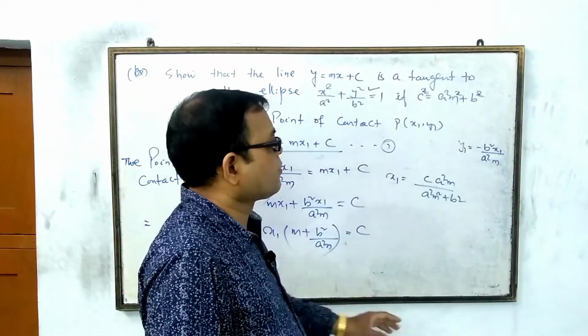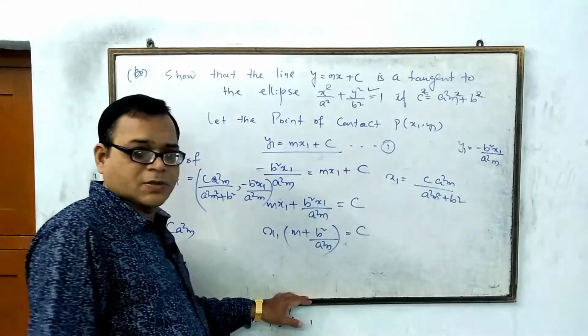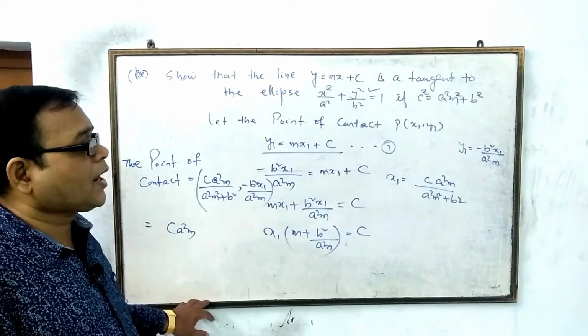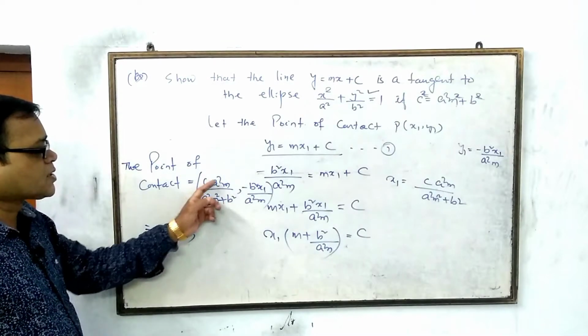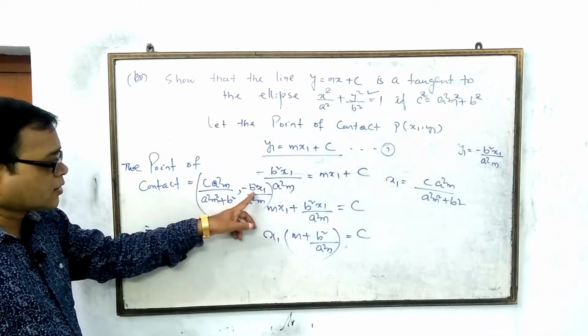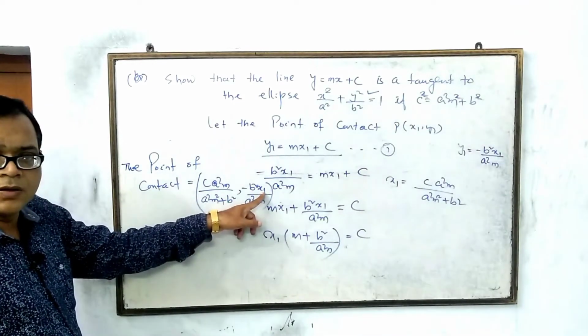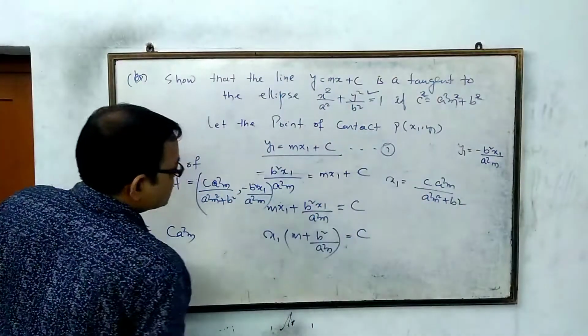So x1 and y1 will be expressed in terms of c, a, m and b. You see, x1 is in terms of c a square m by a square m square plus b square, but y1 is in terms of x1, right? So replace x1 as this much.